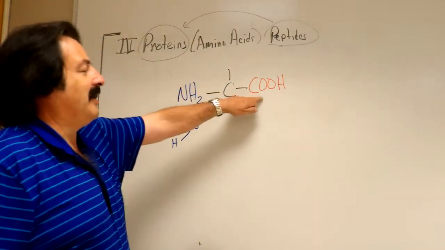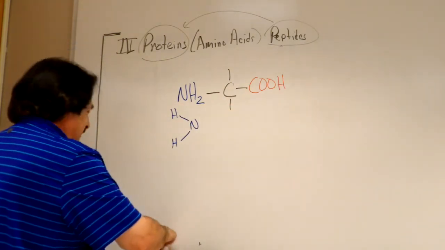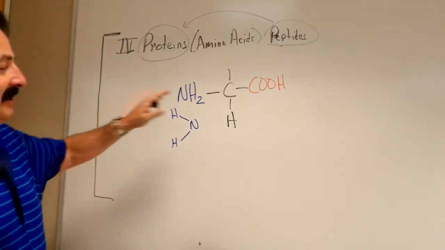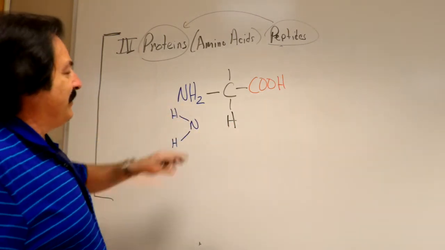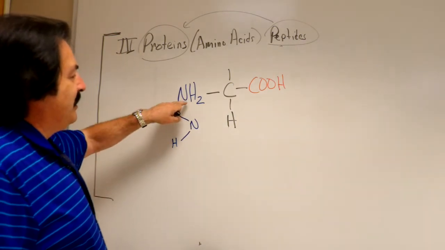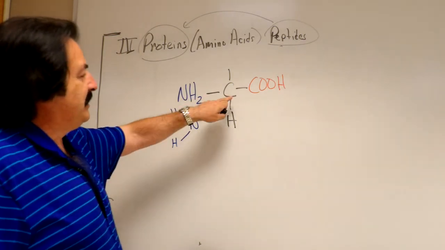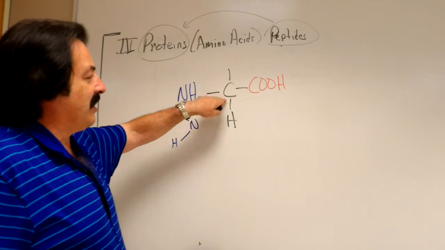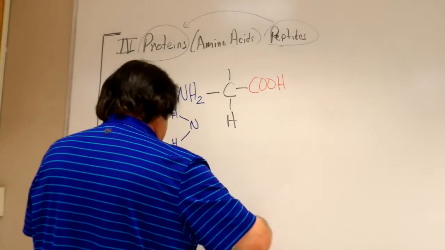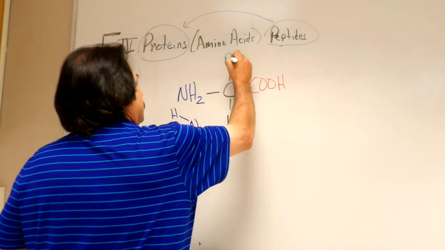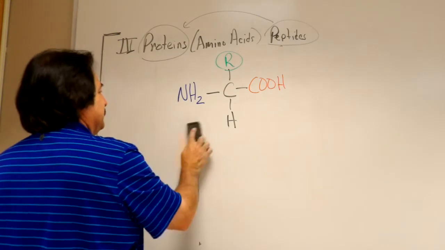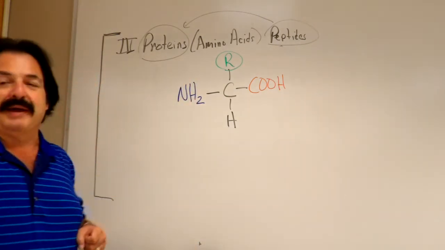Our amine group, our acid group. At the bottom here, we have what's called our obligatory hydrogen. It's always going to be a hydrogen. So every single peptide has these 4 things in common: an amine group, a central carbon, an acid group, the obligatory hydrogen, and something called the R group. This is our peptide.